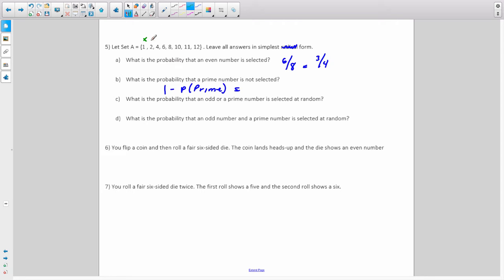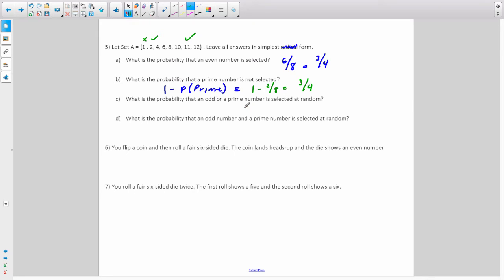And the only factors of 2 are 1 times itself. 4 is no good. 6, 8, 10, 11. There's another one. So the probability of prime is 2 out of 8. So we do this, and if you use your calculator, you get 3 over 4. That's the probability of picking a number that's not prime.